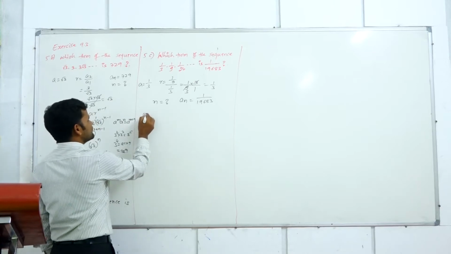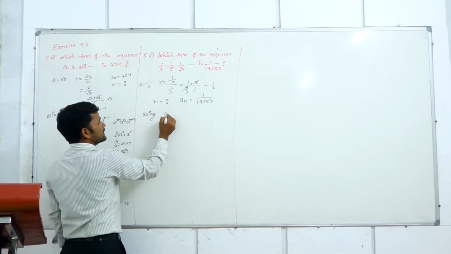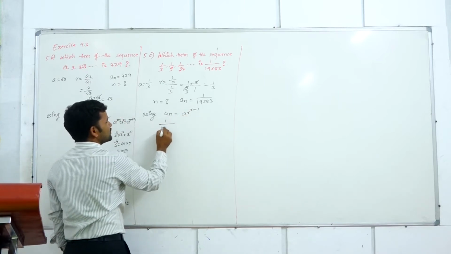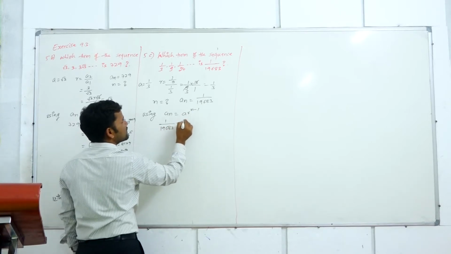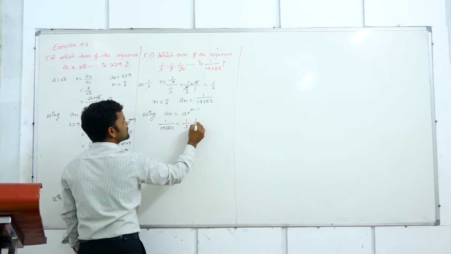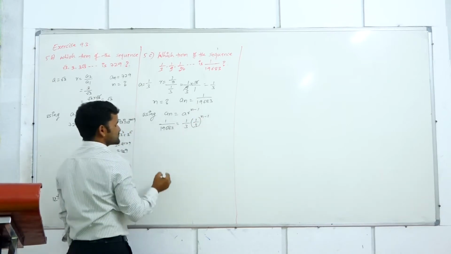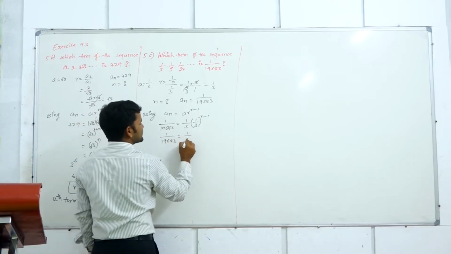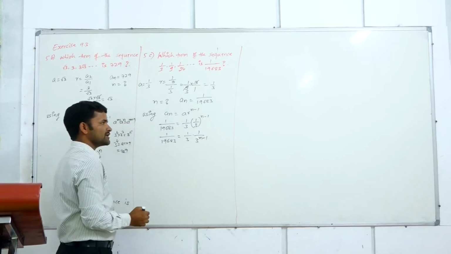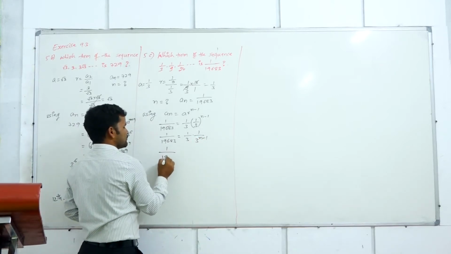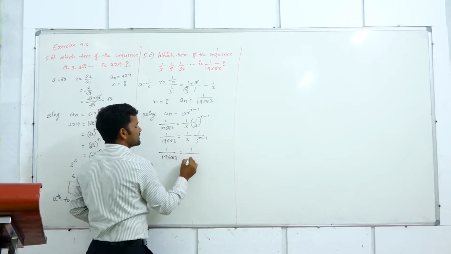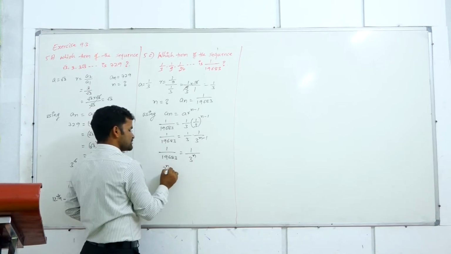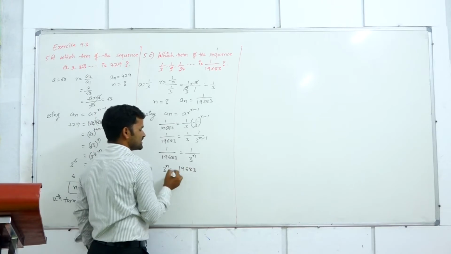Using the formula a_n is equal to a into r to the power of n minus 1, a_n you write 1 by 19683, which is equal to a is 1 by 3, r is also 1 by 3, whole to the power of n minus 1. 1 by 19683 is equal to 1 by 3 into 1 by 3 to the power of n minus 1. 1 by 19683 is equal to 1 by 3 to the power of 1 plus n minus 1, means 3 raised to n. If you cross multiply, this becomes 3 raised to n is equal to 19683.